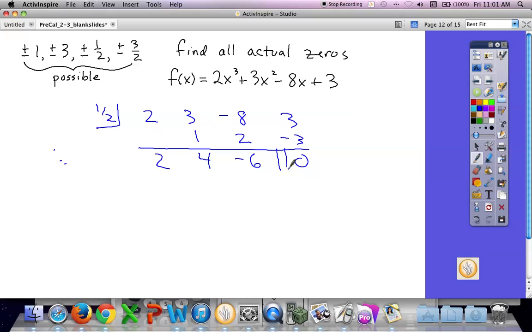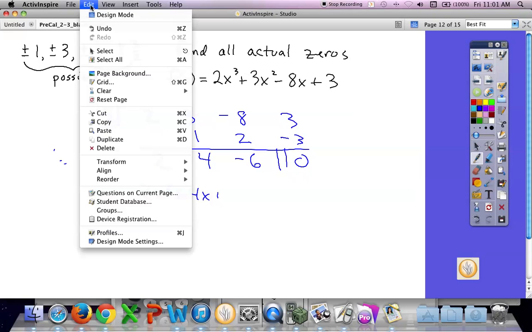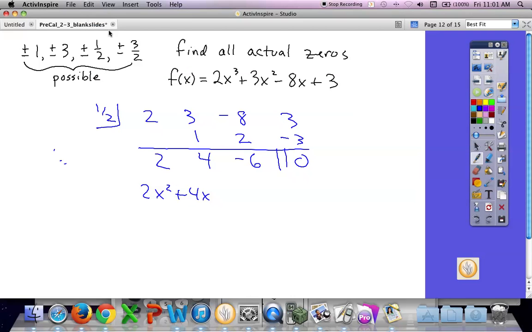Okay, now what's left? 2x squared plus 4x minus 6 equals 0. And there's a 2 in common to every one of those. So let me divide out a 2.